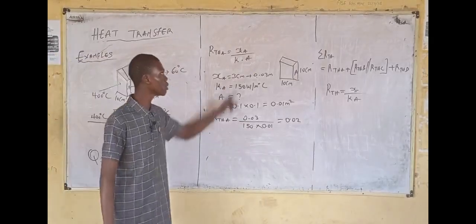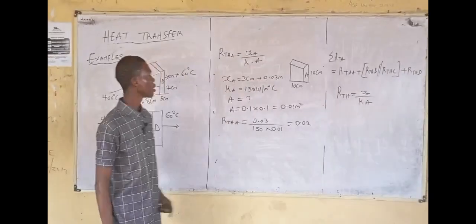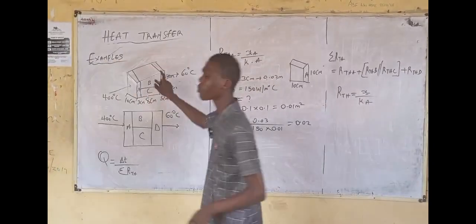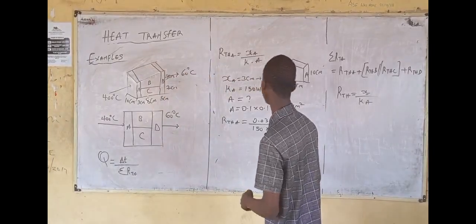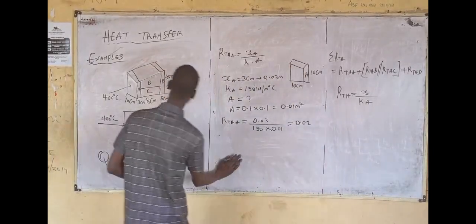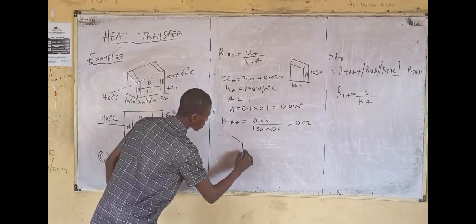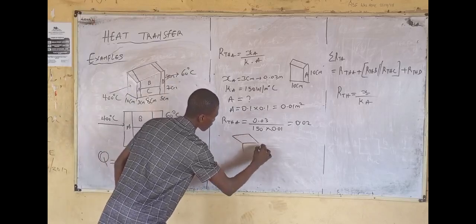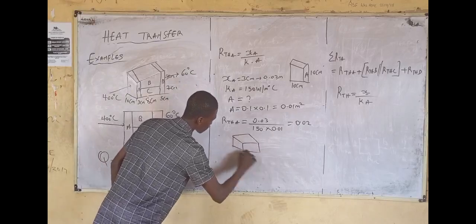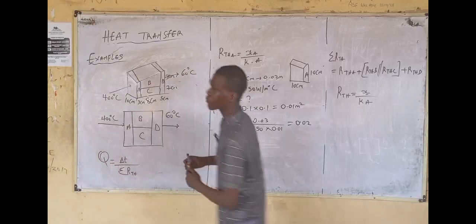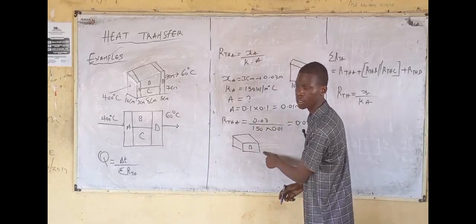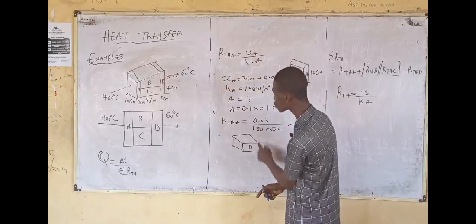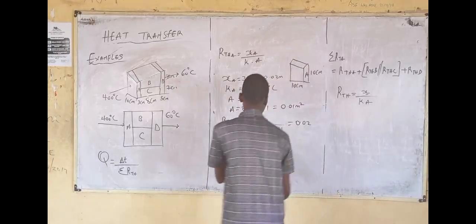Now, for wall B, we are still using this same formula. Considering this composite wall, let's bring out wall B. We have the wall to be something of this. This is wall B, right? For wall B, from here to here is 3 centimeter.